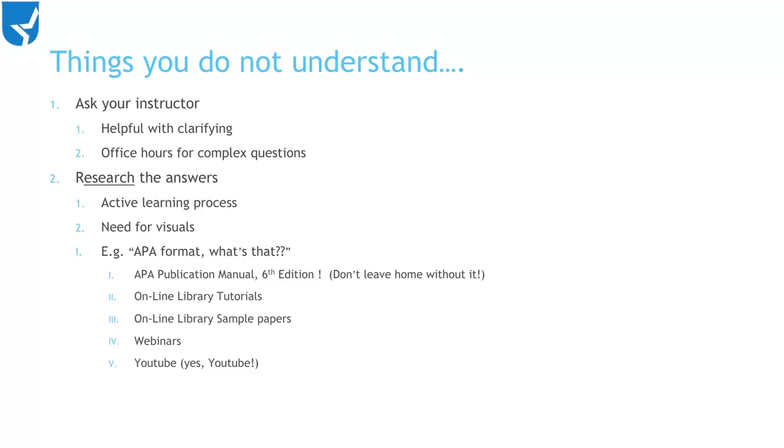So if you don't know what APA format is, just Google APA format, and I guarantee you're going to find hundreds, if not thousands or tens of thousands of hits on Google that will show you what APA citation is. Another great place to look for something like this would be the NAU library, looking for sample papers, and my favorite resource of all time, which is YouTube.